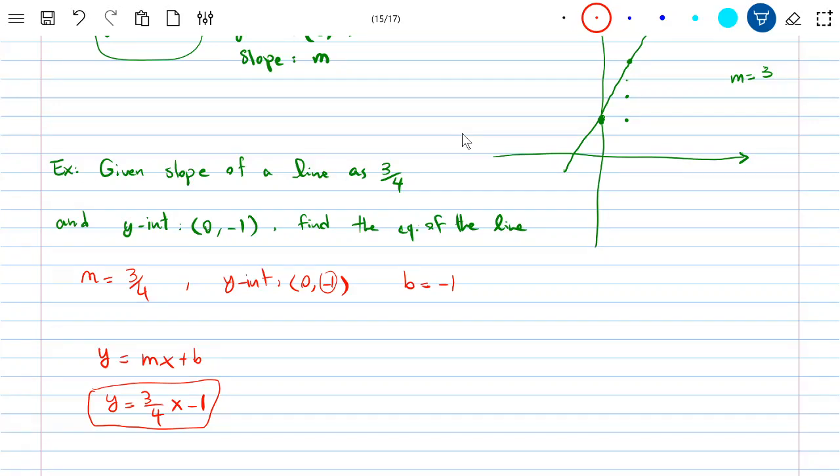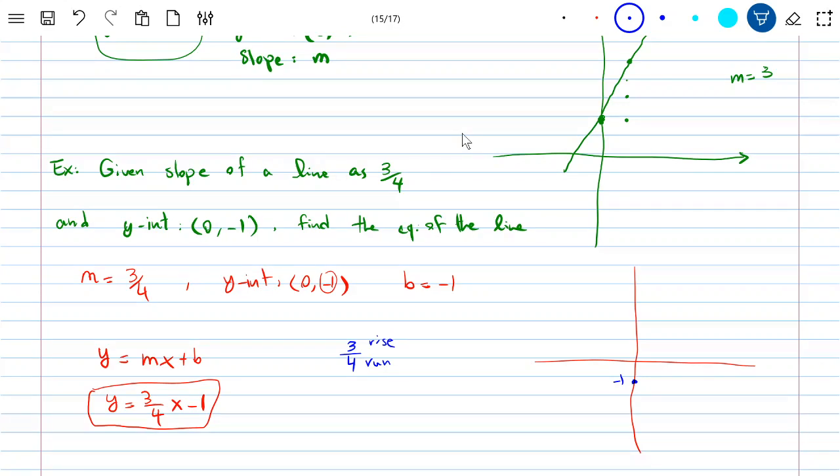And if they ask you to graph it, you don't really need to do much. You're given 1 point. The y-intercept is 1 point on the graph, 0 and -1. That's one of the points on the line. And the slope tells you information. 3/4 is the slope. This is rise over run, or change in y divided by change in x.